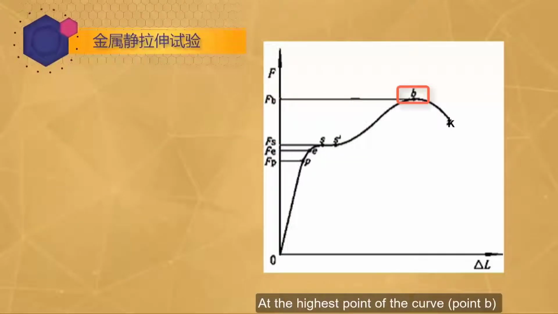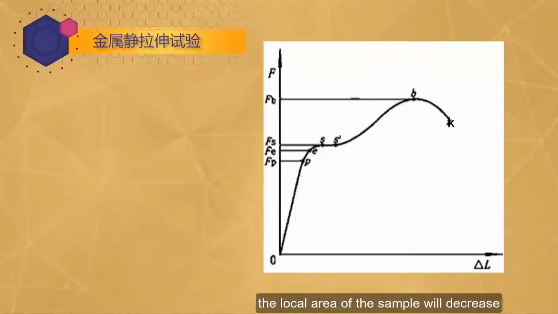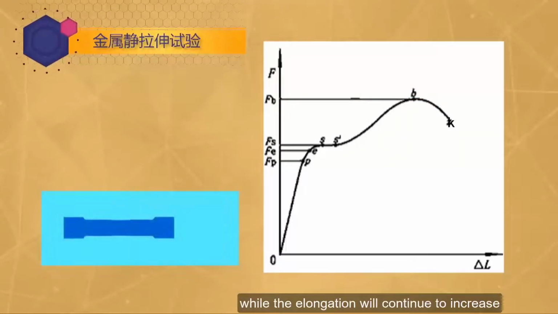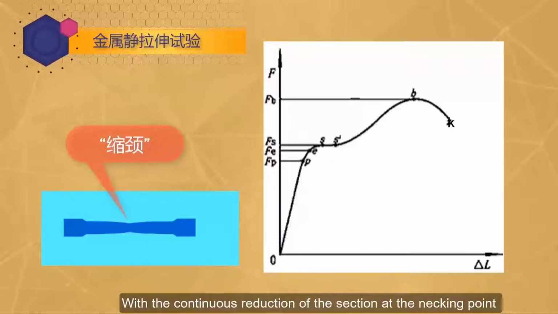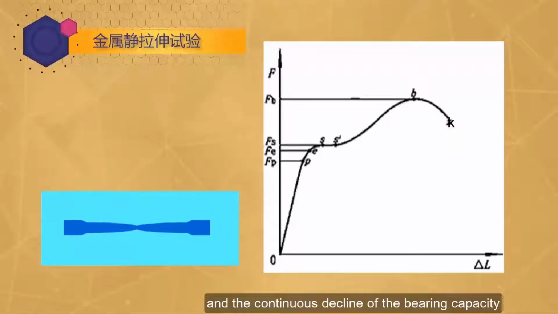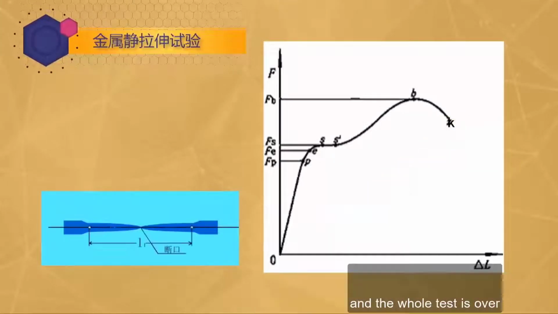At the highest point of the curve, point B, when the load increases to the maximum value Fb, the local area of the sample will decrease, while the elongation will continue to increase, forming a necking phenomenon. With the continuous reduction of the section at the necking point and the continuous decline of the bearing capacity, the sample breaks when it reaches point K, and the whole test is over.